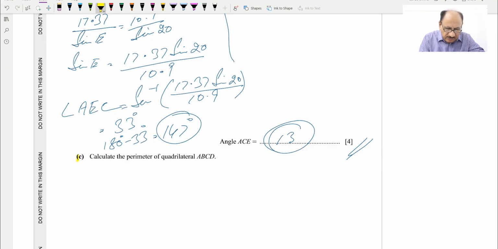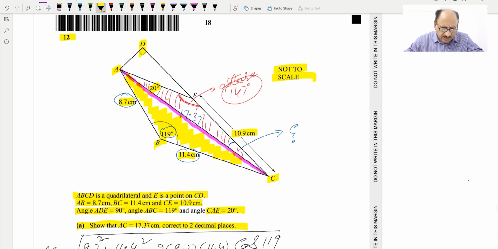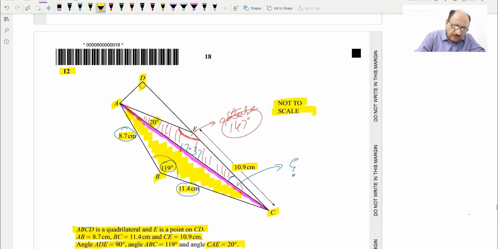Now they are saying C part, calculate the perimeter of the quadrilateral. Perimeter of the quadrilateral ABCD, it means we require AB, then BC, then we require DC also, and finally we require AD as well.